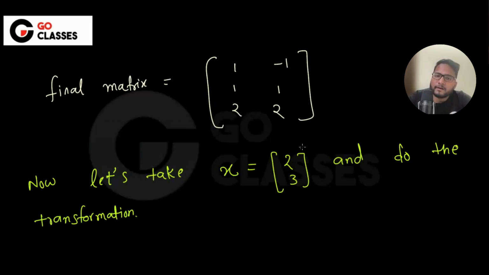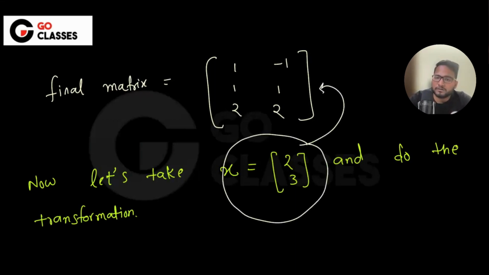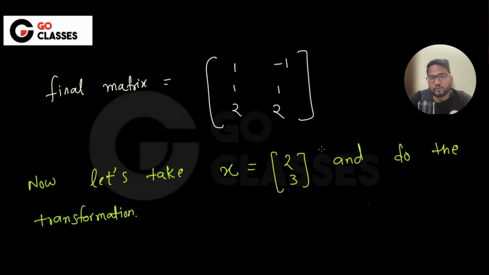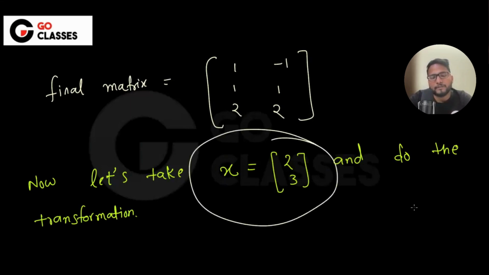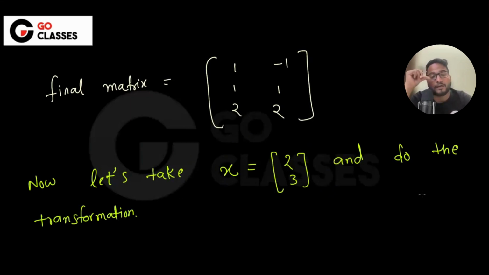First tell me, can I multiply this x directly into this and do the transformation? Is this a matrix designed for this particular x? Tell me, can I directly multiply this x with this matrix and do the transformation? No, right? Because this x I'm representing in the standard basis, but first we need this x in the basis of b1. Okay.